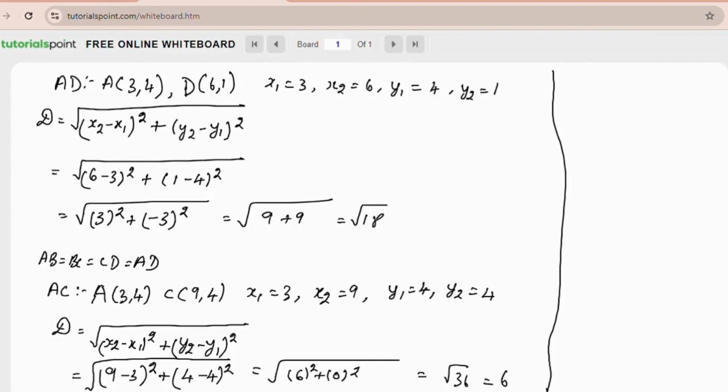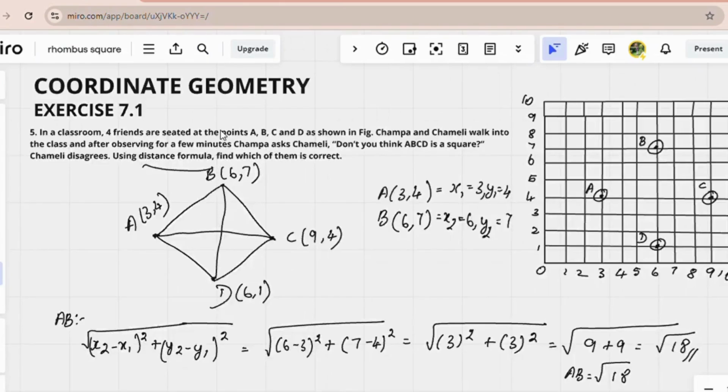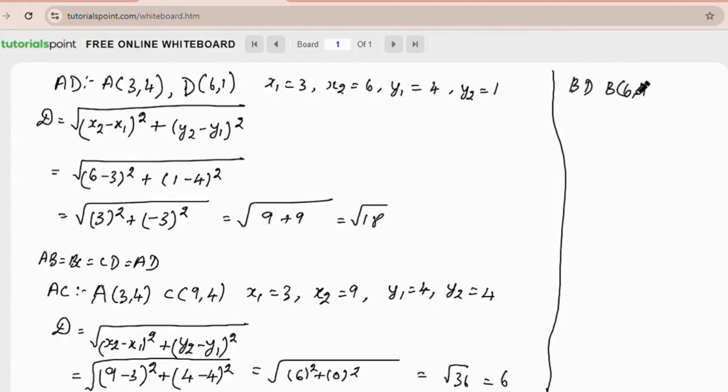Now BD. B point is 6, 7 and D is 6, 1. Again, distance equals root of x2 minus x1 square plus y2 minus y1 square.